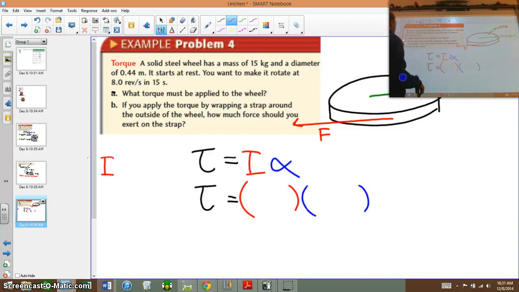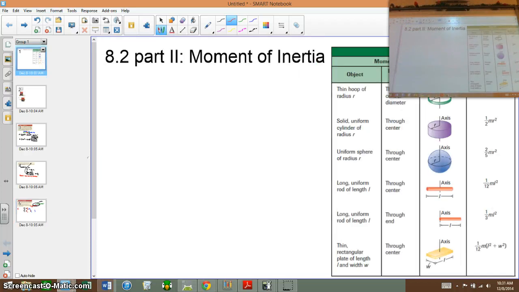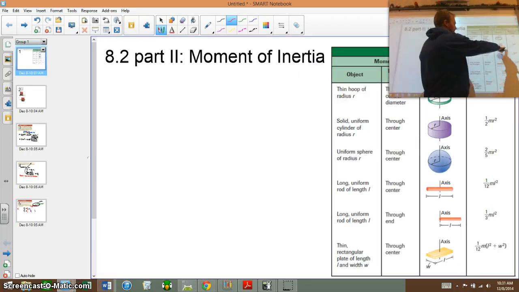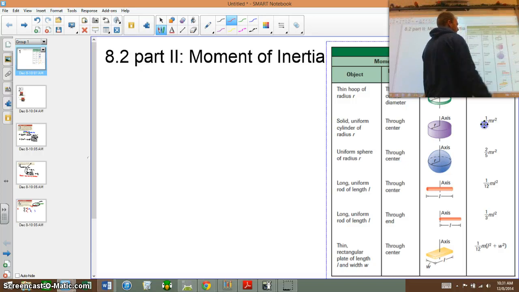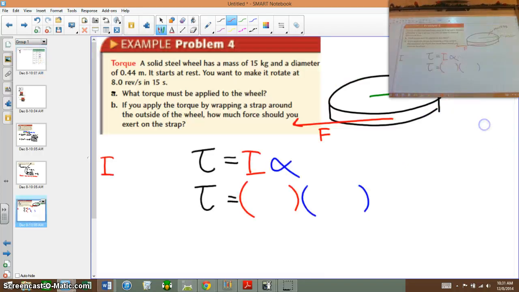This is a solid steel wheel, so I'm going to go back here. A solid steel wheel is this one right here, 1/2 mr squared. The mass is 0.115, and the radius is 0.22 squared.